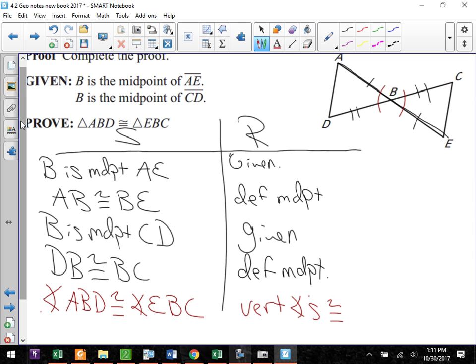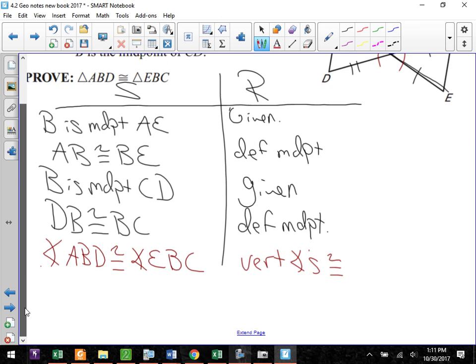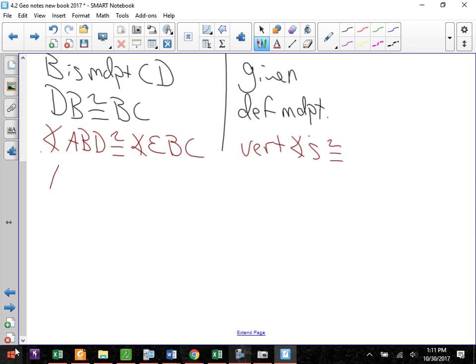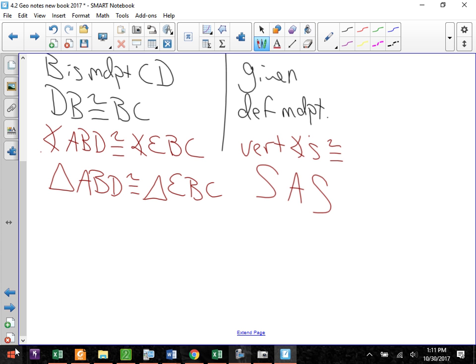These are the only two ways you can show triangles are congruent. Side angle side. So now you're done. Your two triangles are congruent. So this one had six steps, and of the six steps, one of them you had to figure out on your own.